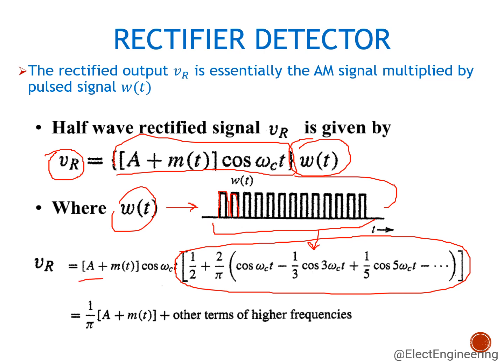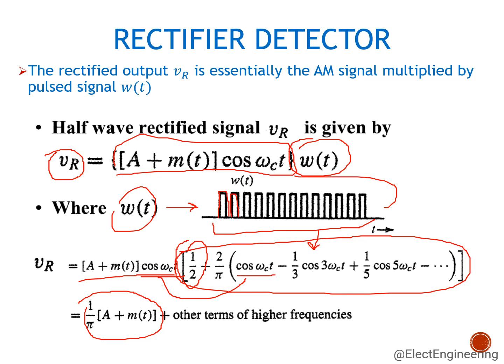So when we multiply it with the full AM signal, you can see there is a DC part in it. So that DC part can be taken out, right? Apart from this DC part, this cos ωct is being multiplied with this cos ωct. So this becomes cos² ωct.